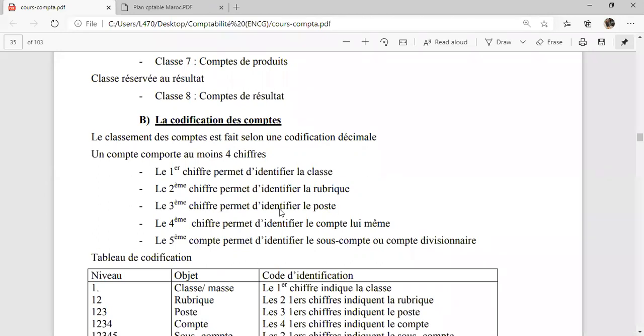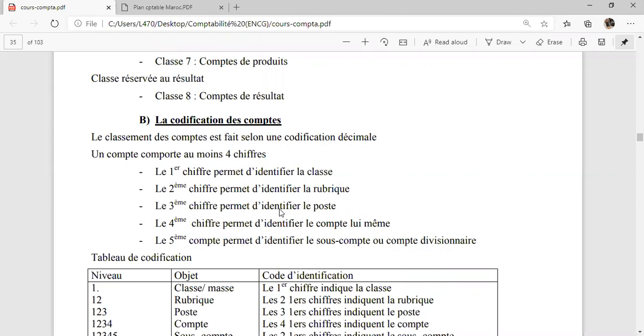There's a smaller table at the bottom, which is called codification du PCG. That is what I want to draw your attention to.